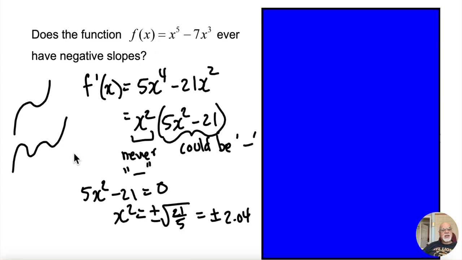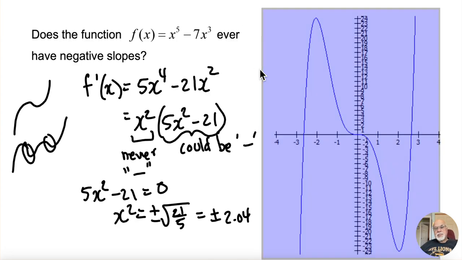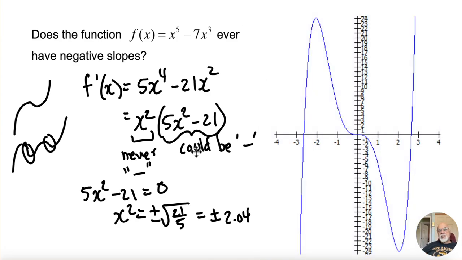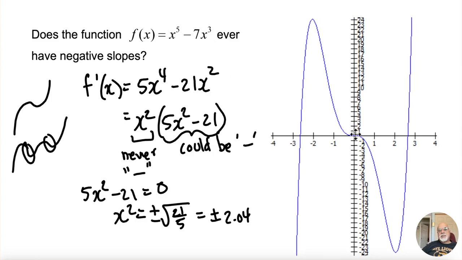I haven't analyzed it enough. But does it ever have negative slopes? Well, yes, it does. In order to have these transitions, it must have them. So let's take a look at the result here. There's the graph of that function f of x. And sure enough, you see we have a horizontal tangent right here at 0.